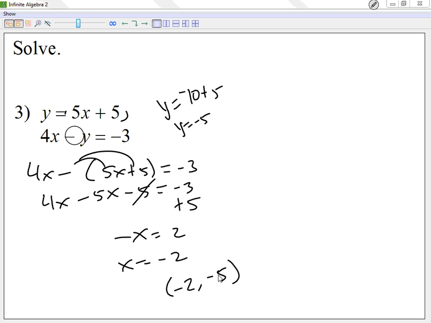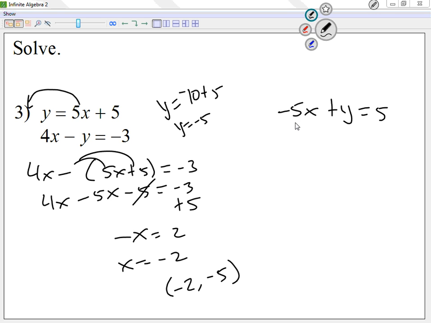Let me just do something really quick with elimination. If we wanted elimination, I would have moved the 5x to the left. So I would have gotten negative 5x plus y equals 5, and 4x minus y equals negative 3. Negative 5x because I moved the 5x, but the plus 5 did not move.